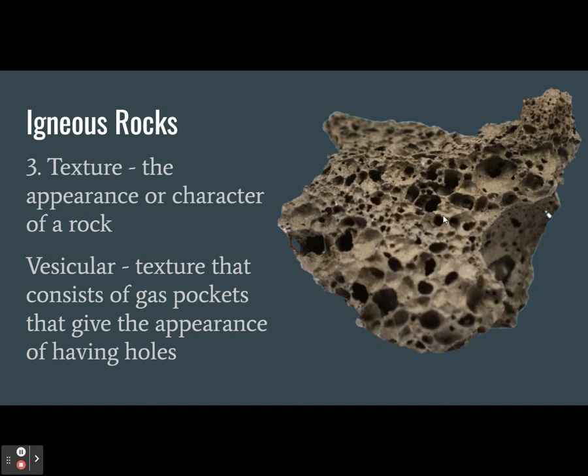There was gas inside the lava, and as the gas tried to escape while it was hardening, it left us with these gas pockets here. So these bubble marks, where it looks like there could have been a little bubble inside, are telling us that gas escaped from this rock when it was solidifying. So this is a vesicular texture. These are vesicles here.